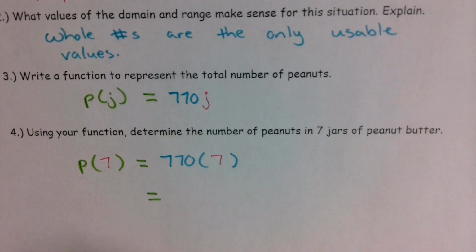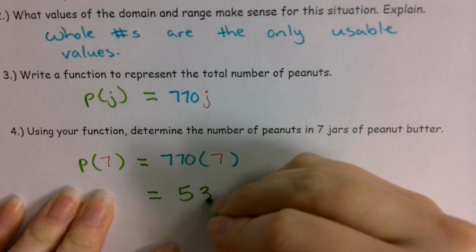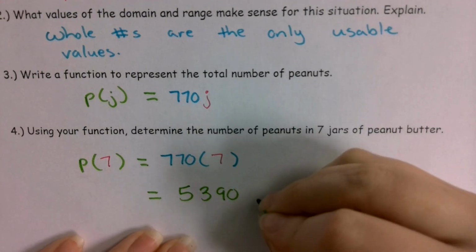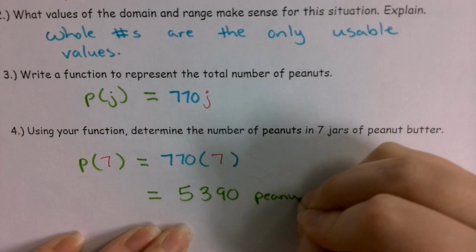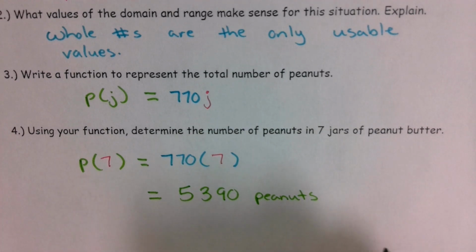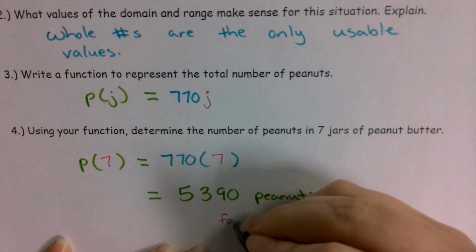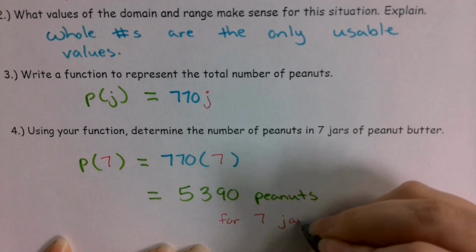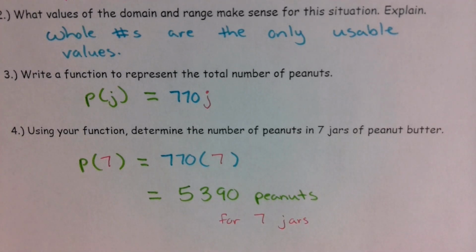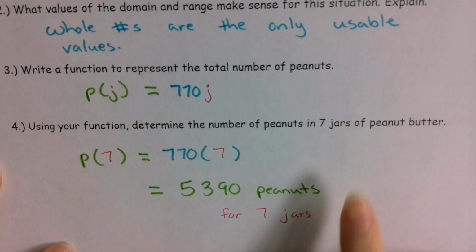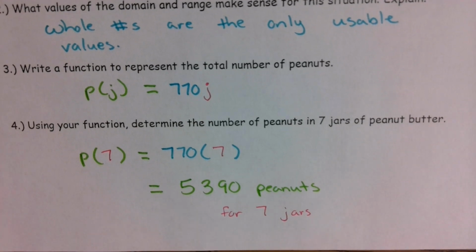You should have your calculators out. 5,390. Good. So 5,390 peanuts is needed for 7 jars. And again, the peanuts happens to be the range. The domain is the number of jars. Any questions?